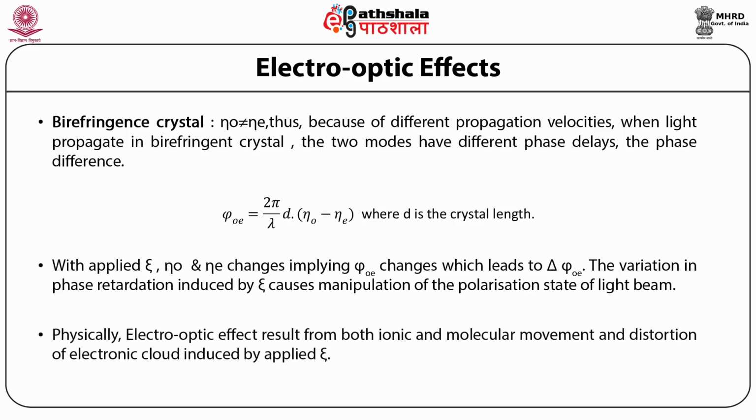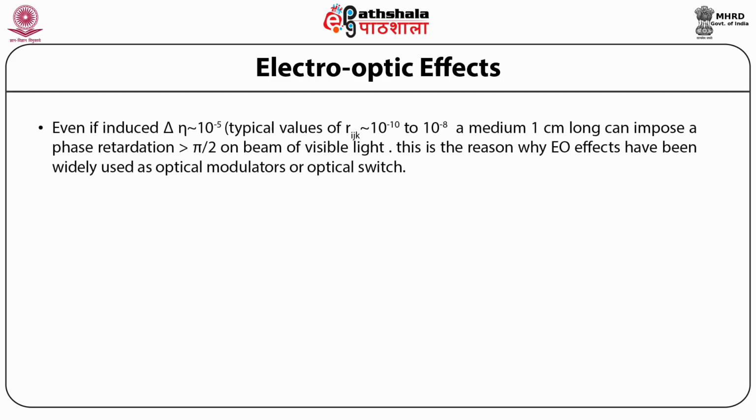Physically, the electro-optic effect results from both ionic and molecular movement and distortion of the electronic cloud induced by applied ζ. Even so, the induced delta η is proportional to 10 to the power minus 5.